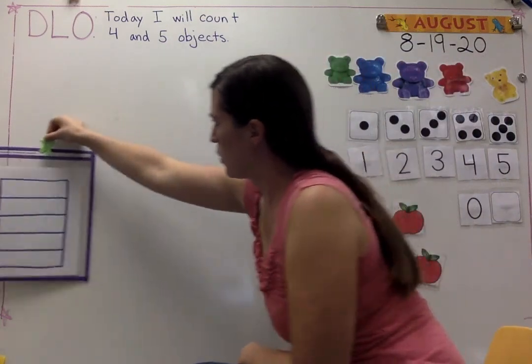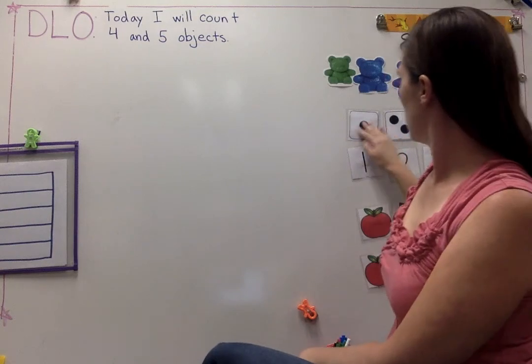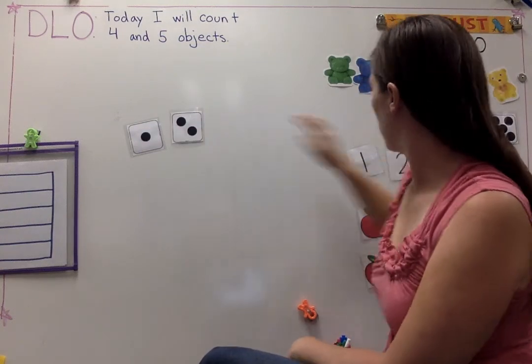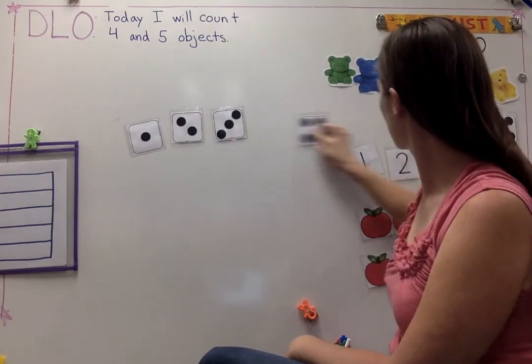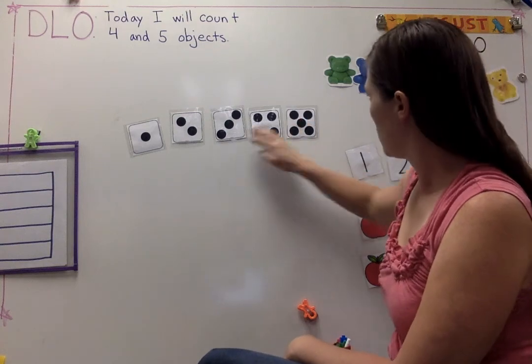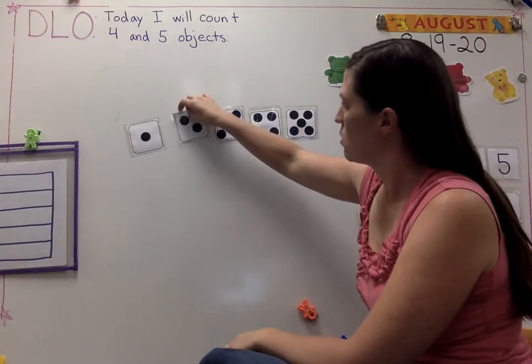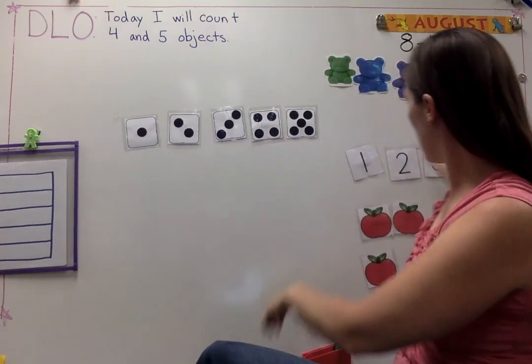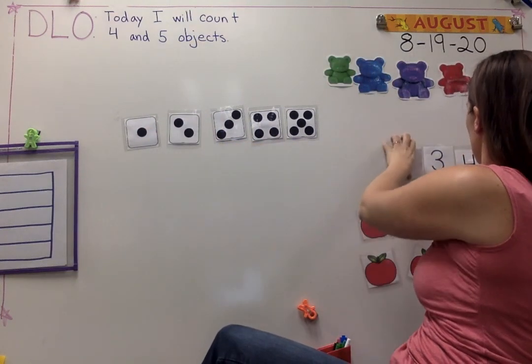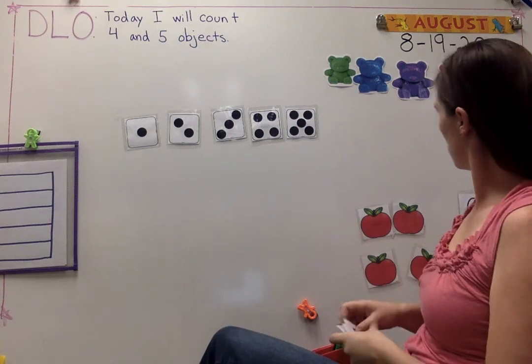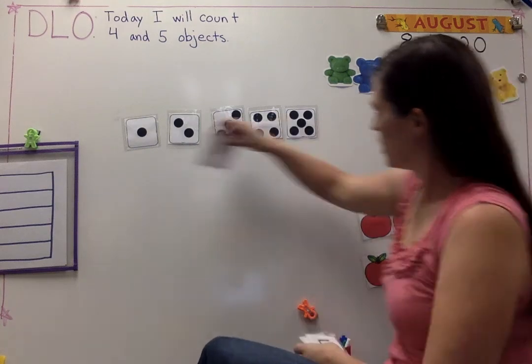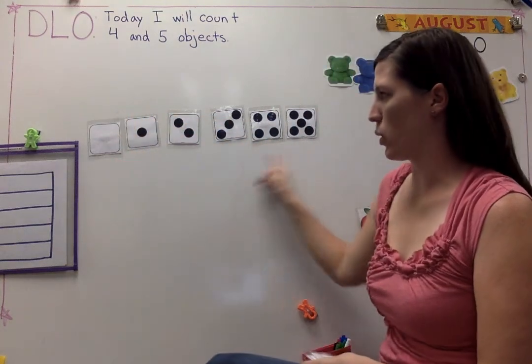I'll move my little bar over because we don't need it. I want to match these numbers. These are the faces of a die, and they have dots in them. We need to count the dots and match the numbers. I have these in order.